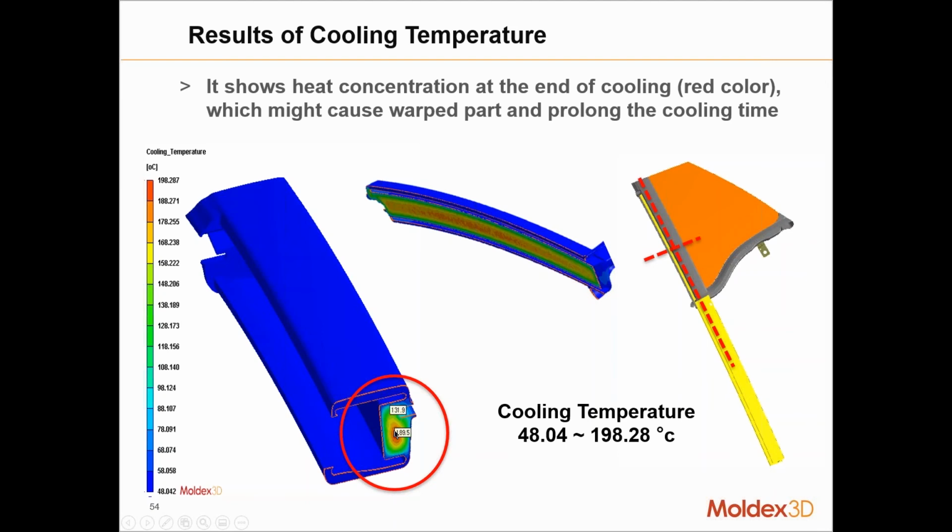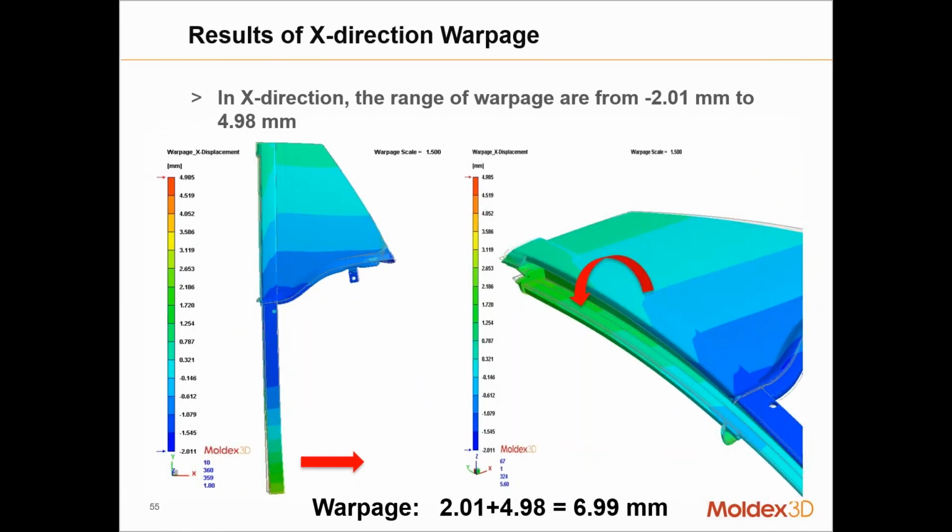So you can see in the simulation, you're able to identify where that hotspot is. And this was basically causing all the issue in the warp. The biggest effect here was the thermal effect. And when you look at the warp, it was a pretty significant warp for them. They needed to reduce this.